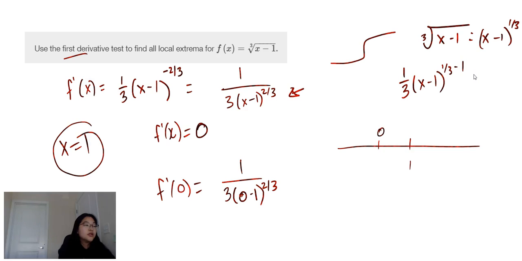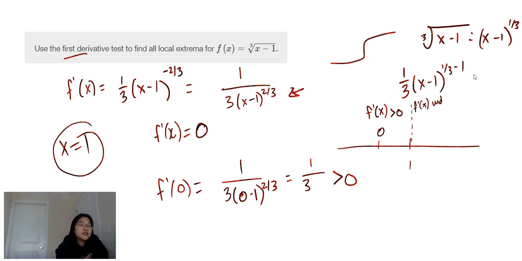So this is 1/3 times 1 to the 2/3 power. Well, we have an even power in the numerator, so that becomes just a positive 1, and the cube root of positive 1 is still 1. So we get 1/3, and that's greater than 0. So that means f prime is greater than 0.